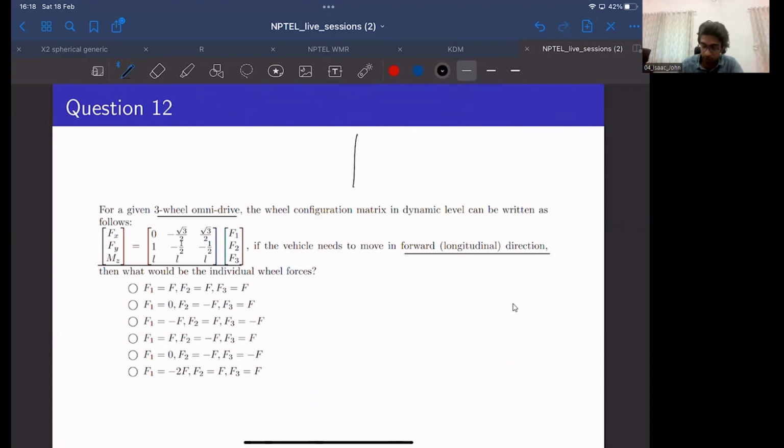So if this is the robot, and this is the frame of reference, x-axis, y-axis, this would be the first wheel, second wheel, and the third wheel. And we would want the robot to move along positive x-axis or longitudinal direction.